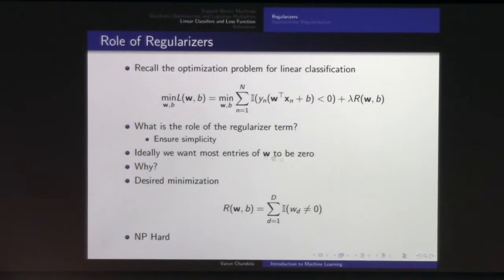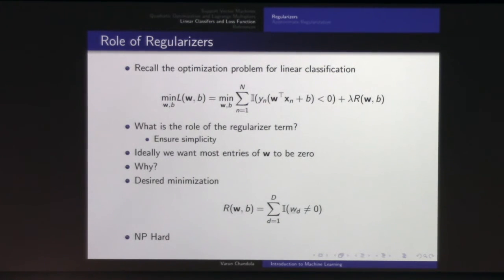Now, the ideal regularizer that you want would be one which only selects some of the features, some of the attributes, all right? So most entries in this vector should be 0. So this is the kind of ideal regularizer. You want a regularization function which penalizes any non-zero quantity, and so it tries to minimize the number of non-zero quantities you have.